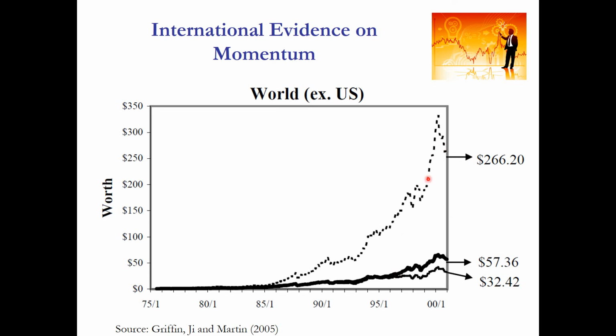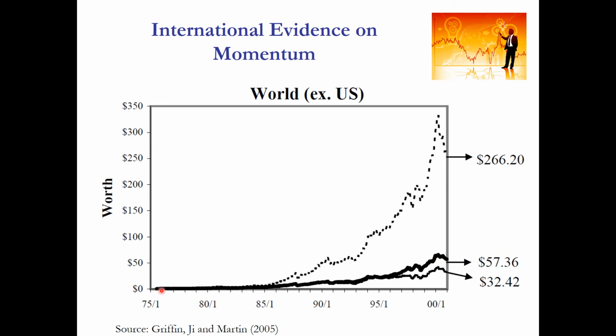If you look at these three lines, these black dotted lines show the return from investing in a momentum portfolio. This black thick line shows the return generated from investing in a market portfolio, and this light black line shows the return generated by a loser portfolio. You can see that there is a huge difference between these, I mean the cumulative wealth generated by the momentum portfolio and the wealth generated by the market portfolio.